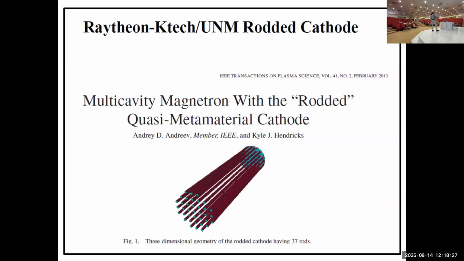Also, another group, Raytheon, formerly K-Tech, and UNM worked on what they call a metamaterial type of cathode, which is rodded, like what you see here. And they were able to get good results with iSpec simulation for that.